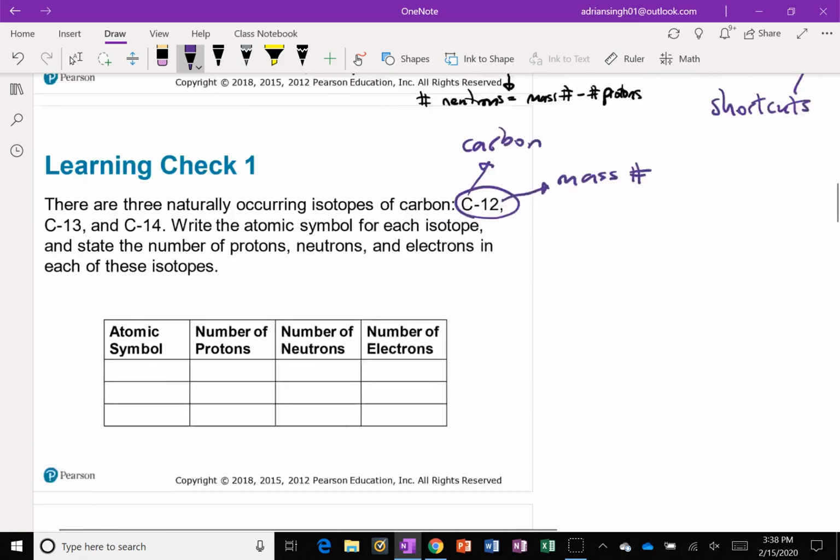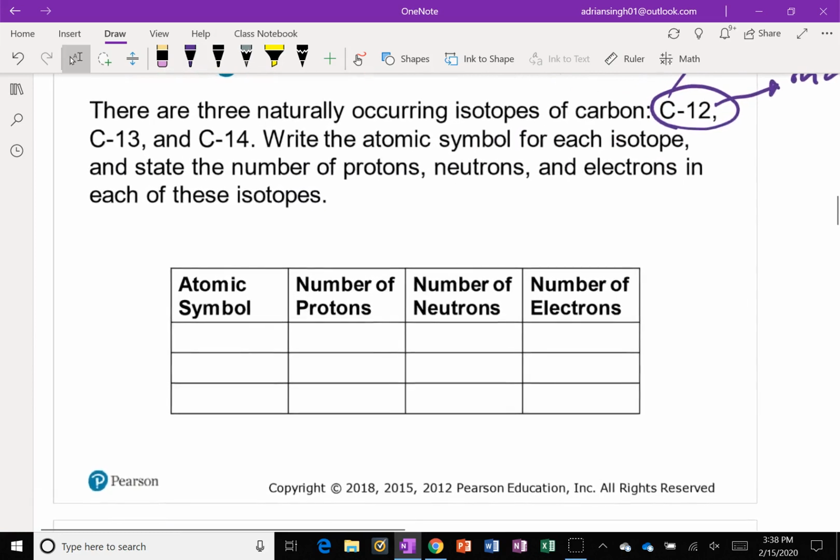All right, so for each of these isotopes of carbon, the symbol is going to be C. So we're going to have C, another C, and then a third one. All right, the difference between them is the mass number. So for the third one, we can say that's our C14, so the mass number is 14.